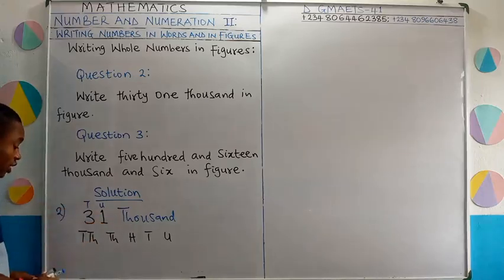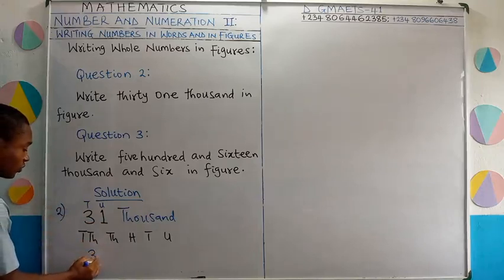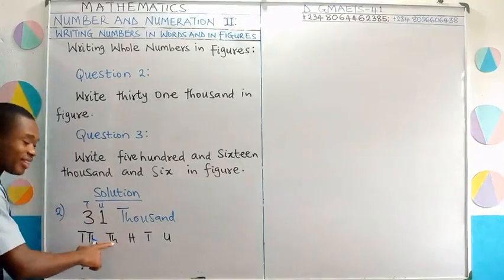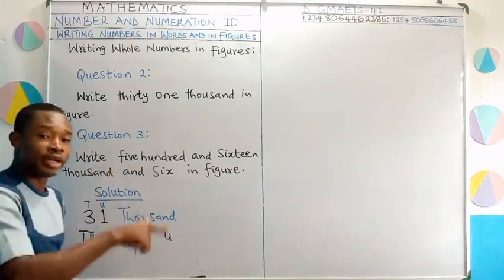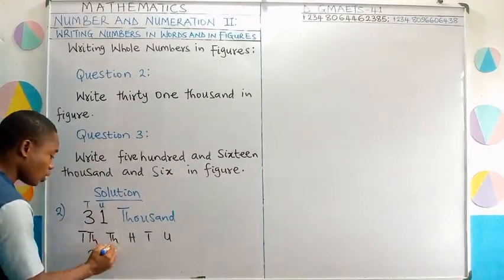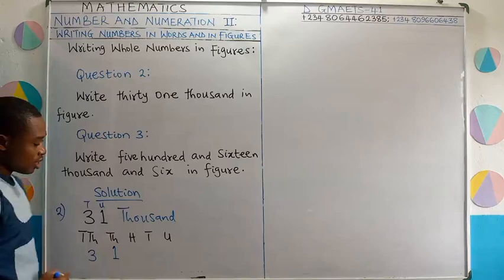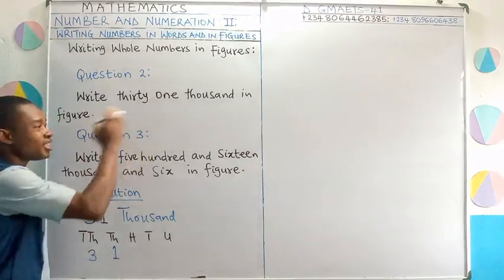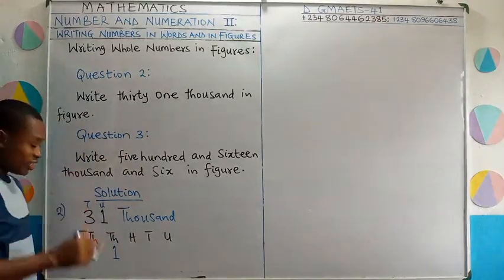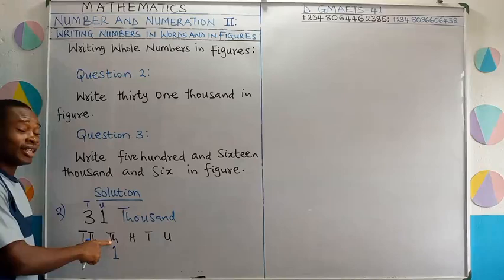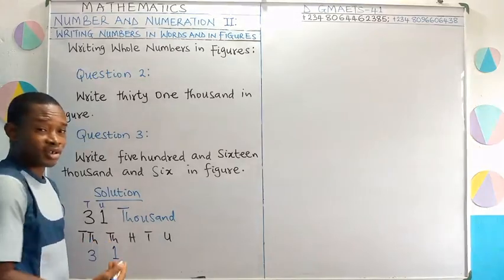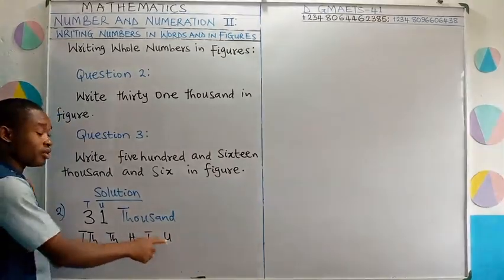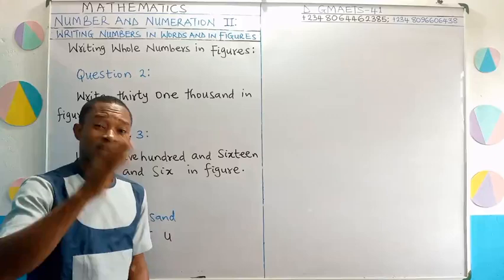So I will come to these tens of thousand and then write 3. Then this 1 is under unit of thousand. Remember that thousand is the same as what? Unit of thousand. So this one will come under this. And I didn't hear any other digit pronounced here. I only heard 31,000. Did you notice after filling the tens of thousand and the unit of thousand, which is thousand of course, you now notice that these hundred, tens and units, those place values are what?